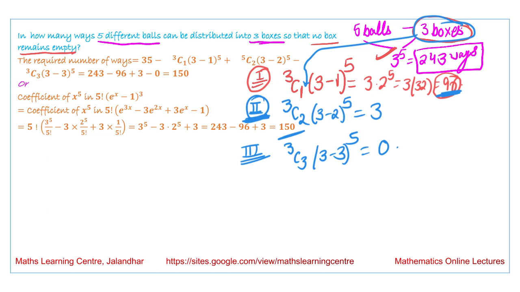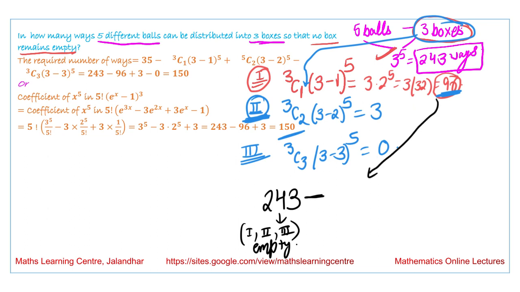Now look at these conditions carefully. We are saying the total number of ways we have is 243 ways. This includes the case that one box is empty. This includes the case that 2 boxes are empty. This includes the case that all the 3 boxes are empty. This includes all these cases. Now from this, we are subtracting the value when one box is empty.